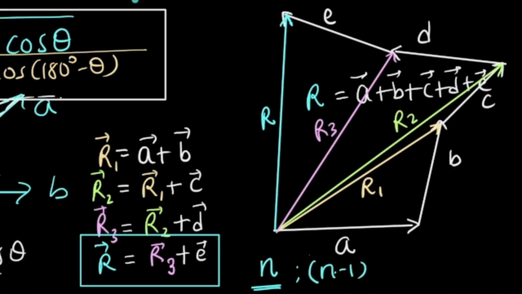Or if you were using a graph paper, then you could simply draw vector R. Just take a ruler and draw vector R, and using a protractor, measure the angle of vector R, and using the ruler, measure the length of vector R. So it can be done without mathematics by using simply a ruler and a protractor. Hope that made sense.